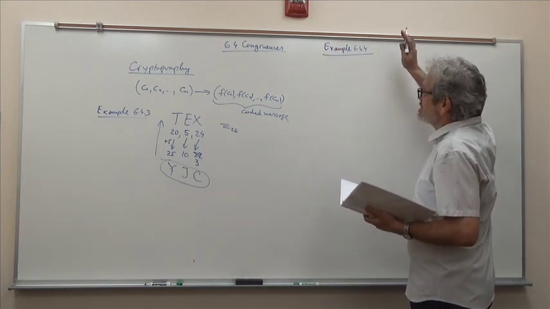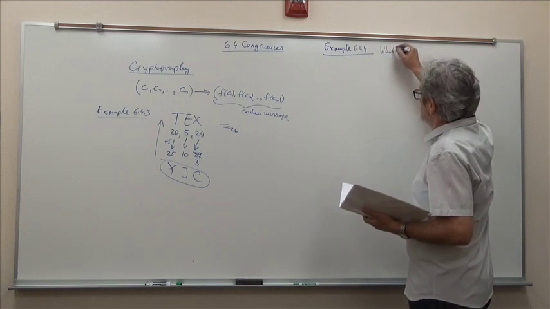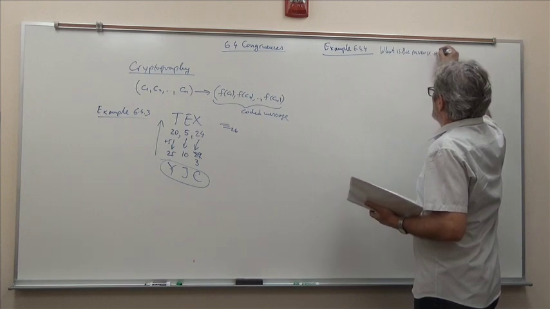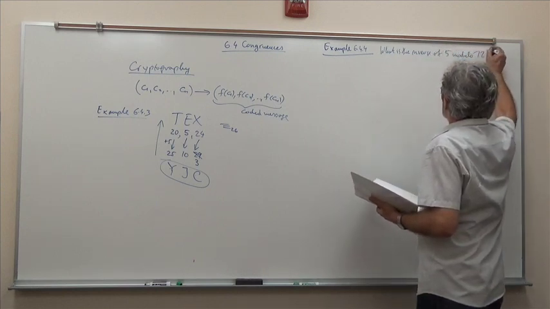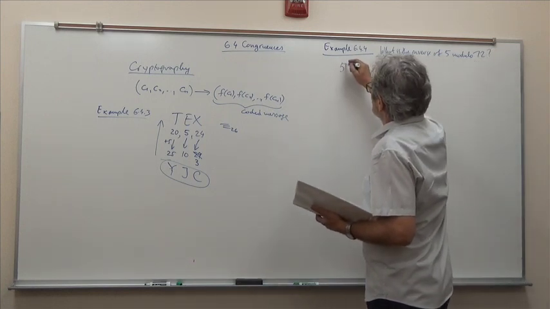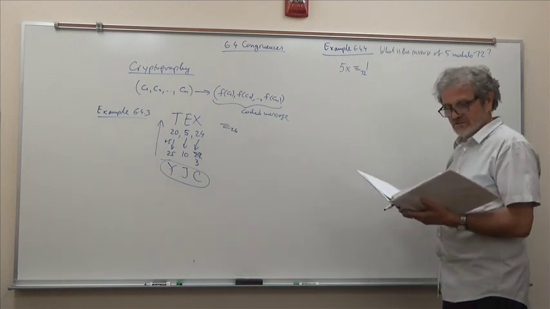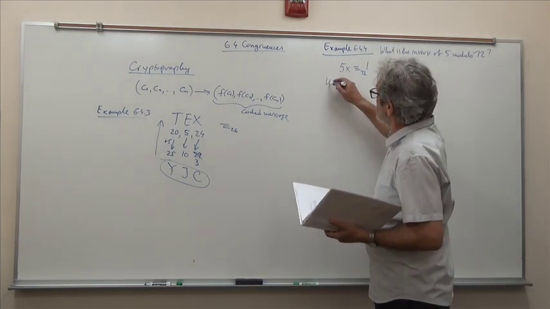Let us find the inverse of 5 modulo 72. So we want to solve the equation 5x congruent with 1 modulo 72, and as we explained last time, we use the Euclidean algorithm.